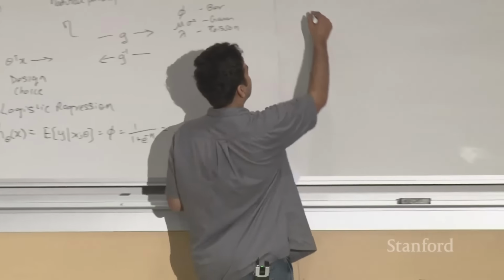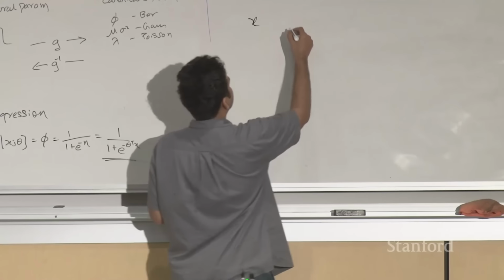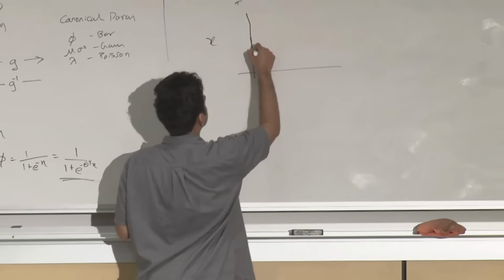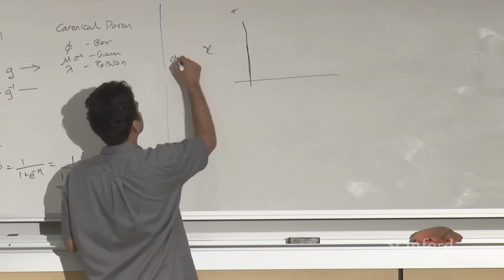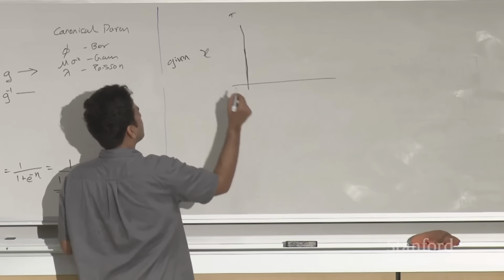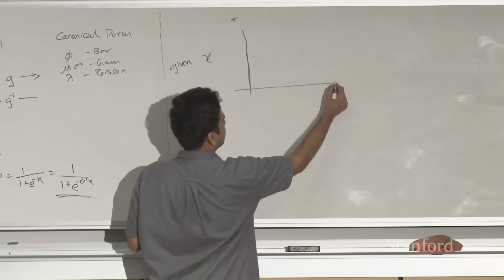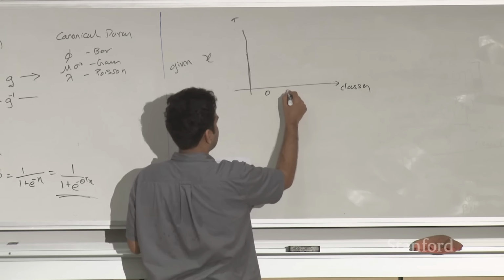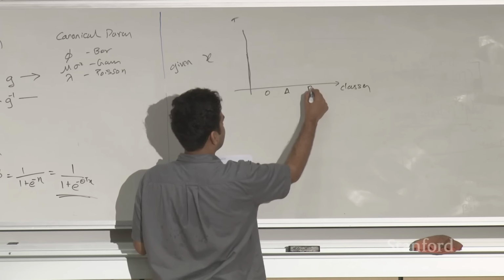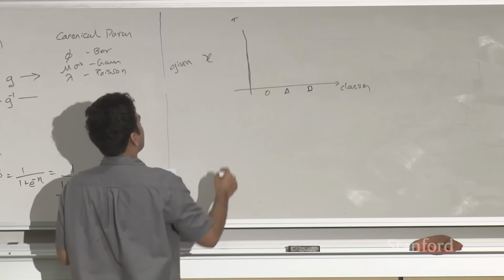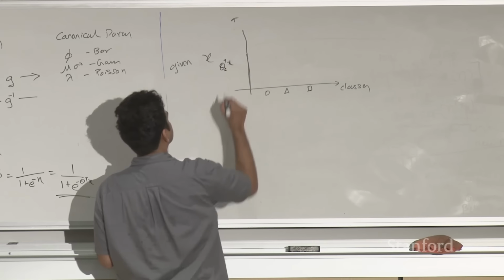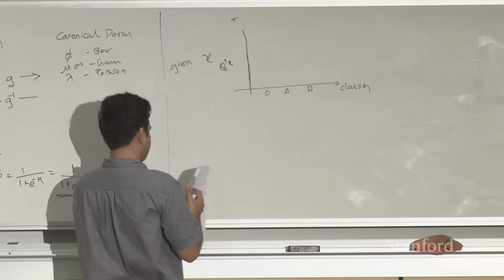So given an example x, we get a set of values, and over here we have classes. Right? So we have the circle class, the triangle class, the square class. Over here we plot theta class transpose x, so we may get something that looks like this.